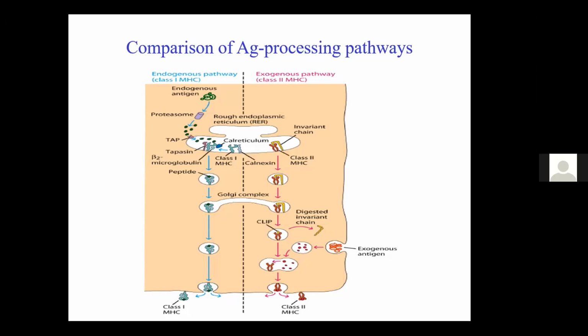While in class 2 or exogenous pathway, we talk about the invariant chain, and then you do not have much of these proteolytic enzymes or proteasomes, and you have the linkage with the class 2 MHC molecule. So the process in terms of exiting the MHC is clearly indicated as we have described. So I think that one is well understood.